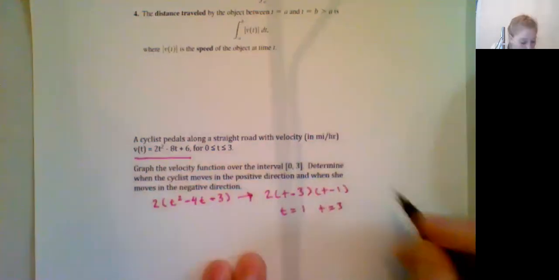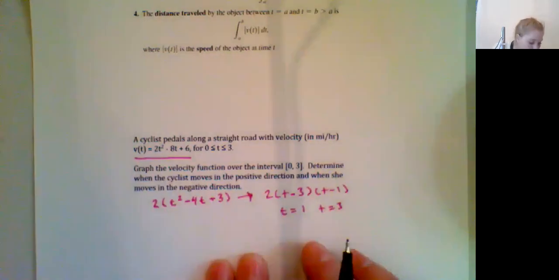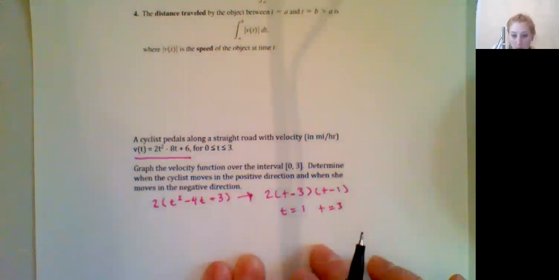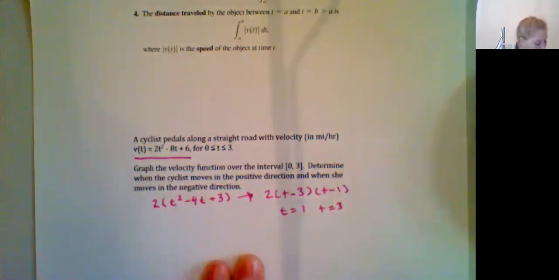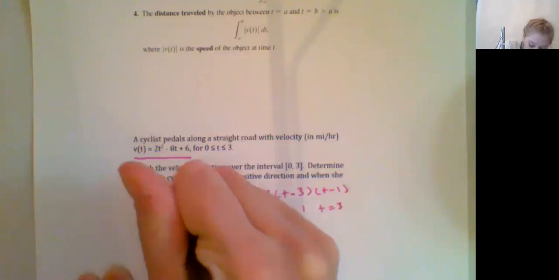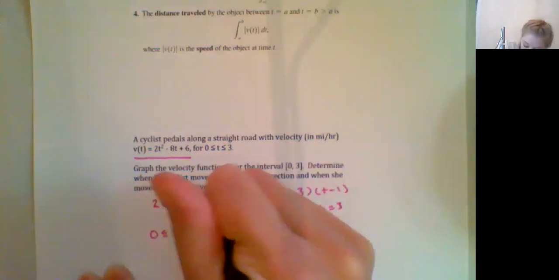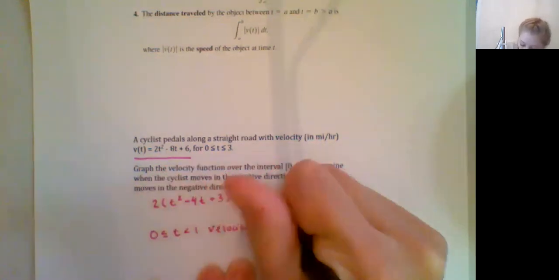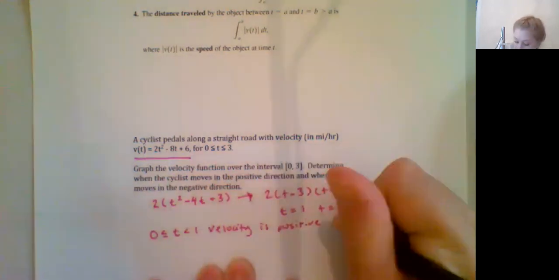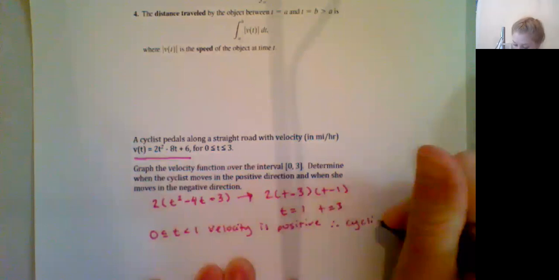And what I noticed was between 1 and 3, the velocity was negative because it was below my x-axis, okay? So this tells me that from 0 to 1, the velocity is positive because it was above the x-axis. So therefore, the cyclist is moving in a positive direction.